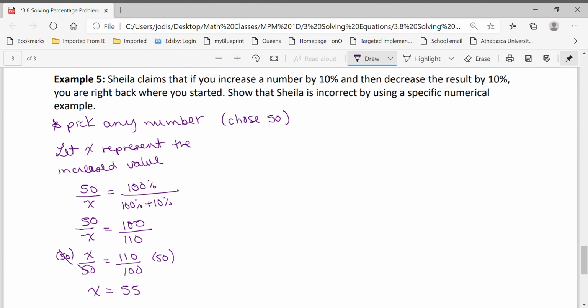Then she's saying that if we decrease our result, so that answer I got, 55, by 10%, we're right back where we started. So we're going to say now we're decreasing by 10%. So we're going to let Y represent the decreased value.